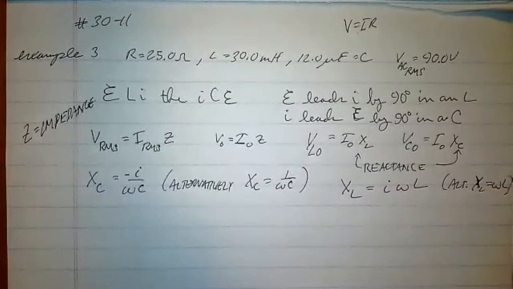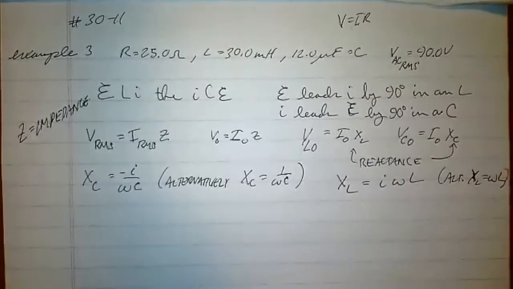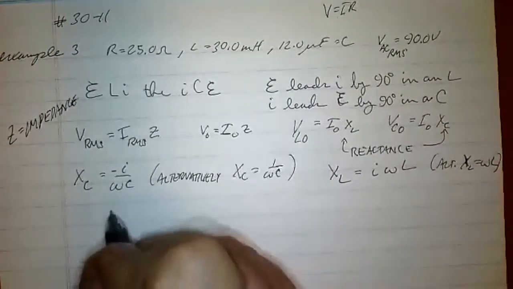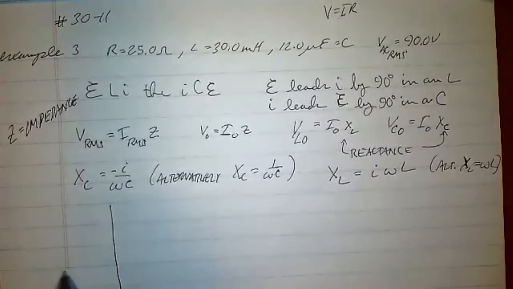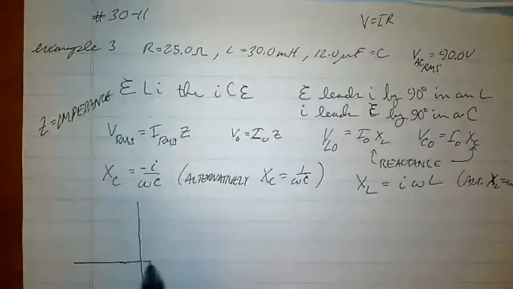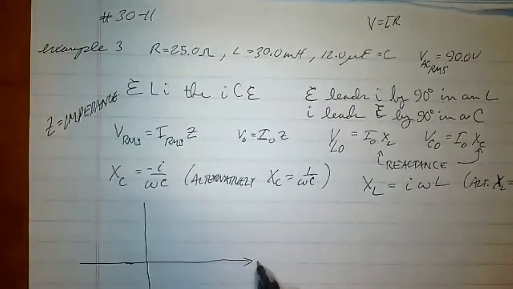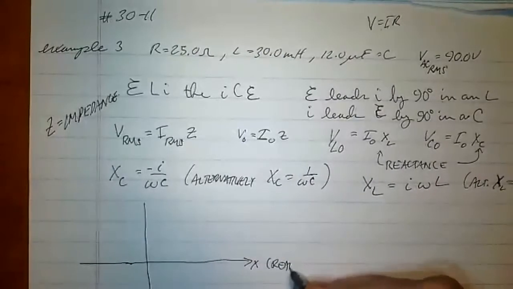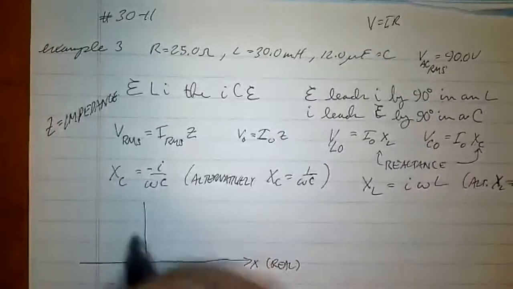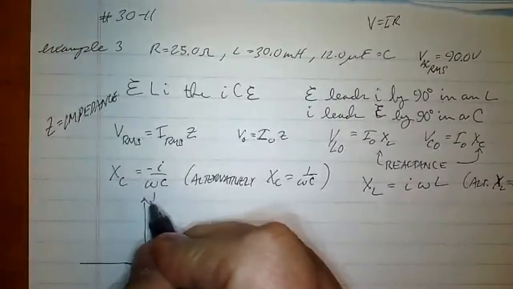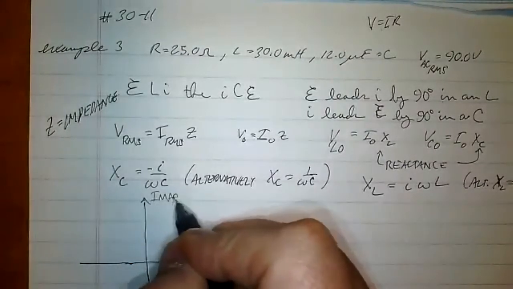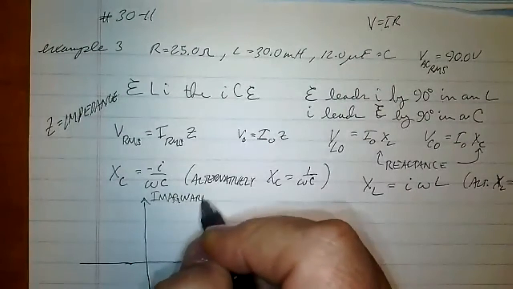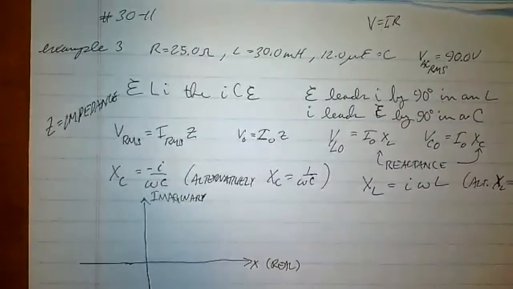So what we're actually going to do in this LRC circuit is draw a phasor diagram. We're going to imagine X and Y axes, if you will. Let's call this X. And I'm going to say this part's real, because that helps me with the I. And I'm going to say this part is imaginary. Okay.